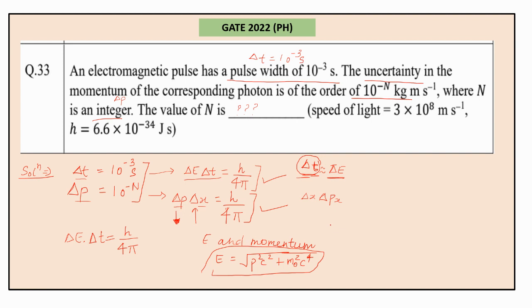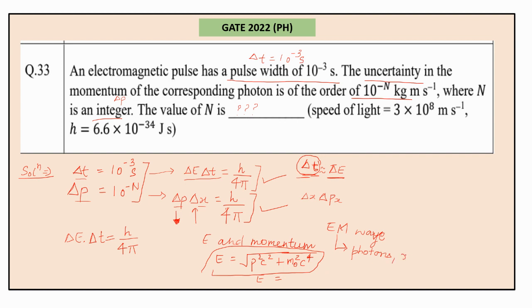But this is an EM wave, and what is an EM wave? EM waves are moving photons, right? And what is the rest mass of a photon?